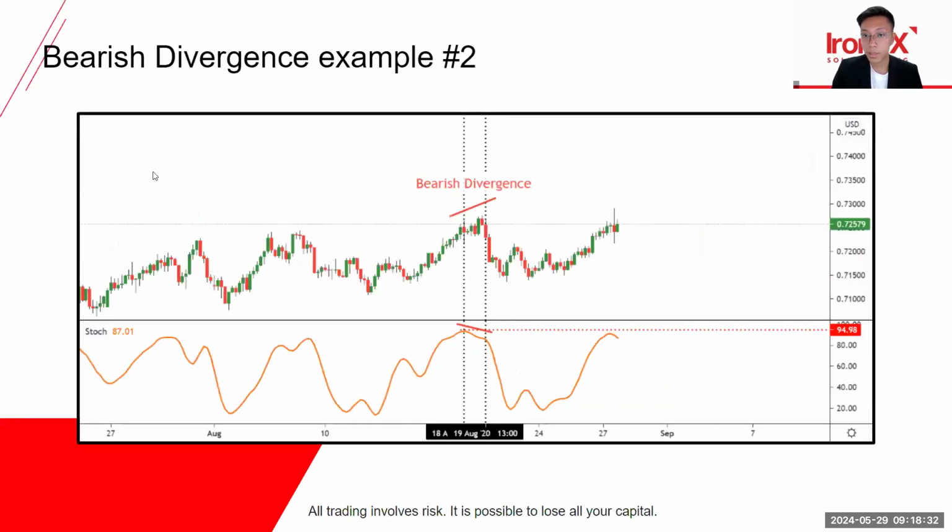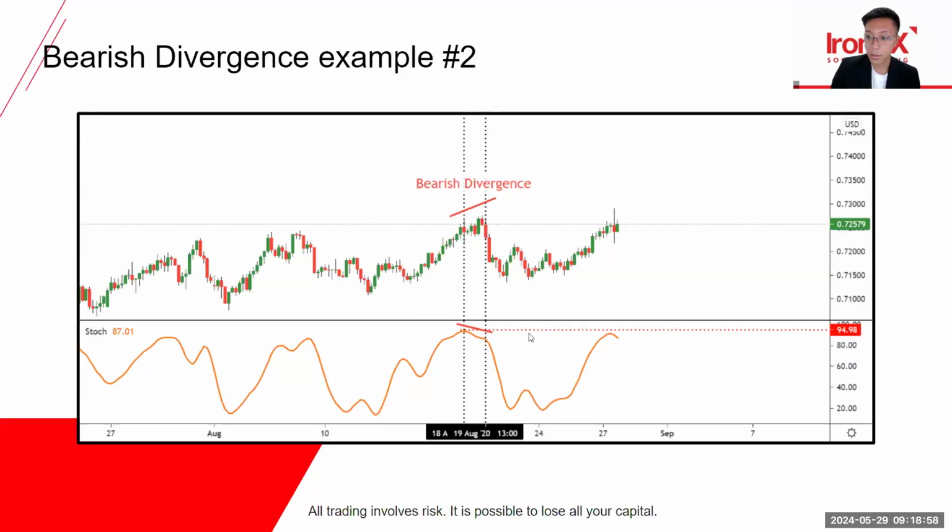The second example for bearish divergence: remember, bearish divergence is a higher high on the actual chart and then a lower high on the indicator. Right here you can see a high and then a lower high for this stochastic. So not only RSI, but the stochastic indicator as well.